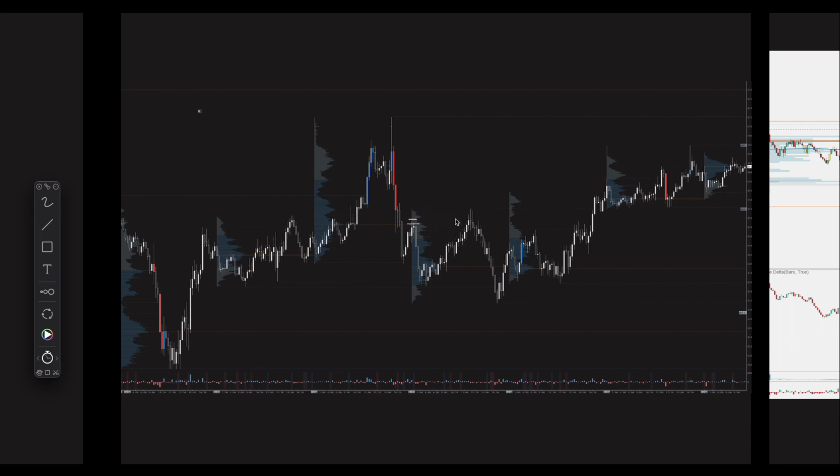Once again, this kind of a high where it fails, moves lower, takes out this kind of a double bottom, and then just kind of proceeds to move higher from there. The failed swing, which happens here, this prior swing point is happening at the prior day value area high.